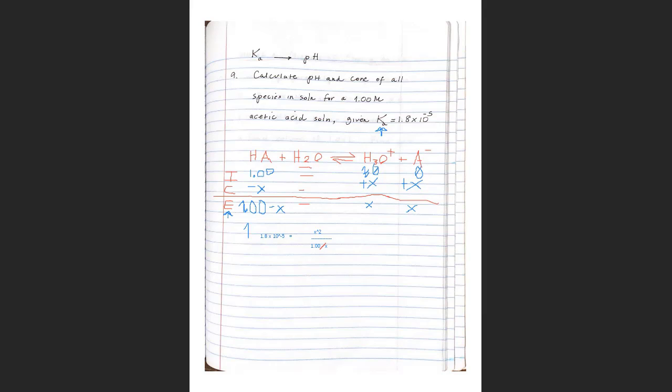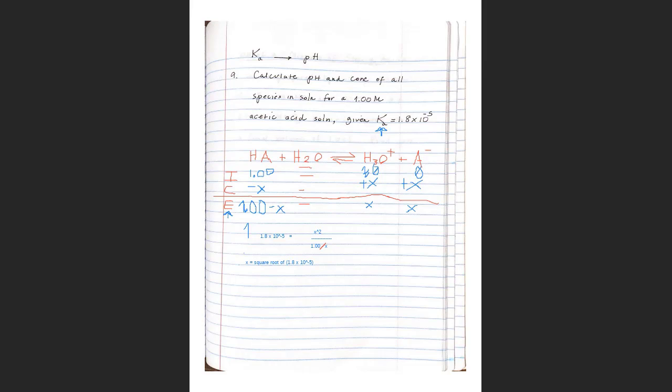What I would do is calculate x by finding the square root of just basically 1.8 times 10 to the power of negative 5, because that times 1.00 is just the same value.